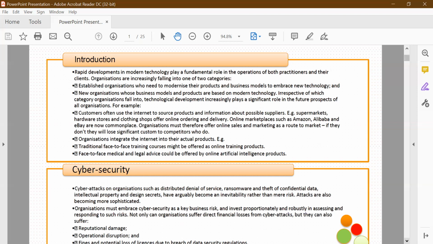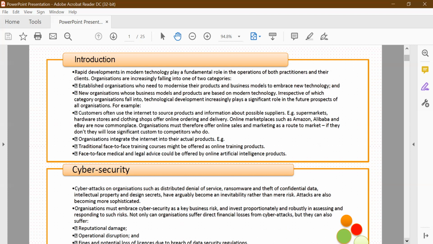So cyber attacks on organizations such as distributed denial of service, ransomware, and theft of confidential data, intellectual property, and design secrets have arguably become an inevitability rather than mere risk, right? So there are different forms of cyber attacks.